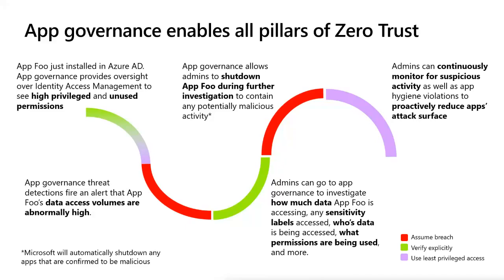And then from there, app governance also allows admins to shut down any suspicious apps that they find within their tenant while they're doing further investigation to contain any blast radius, which maps to assume breach. And then the last piece, admins can continuously monitor for suspicious activity as well as any hygiene violations to reduce an app's attack surface, which maps to use least privilege access.